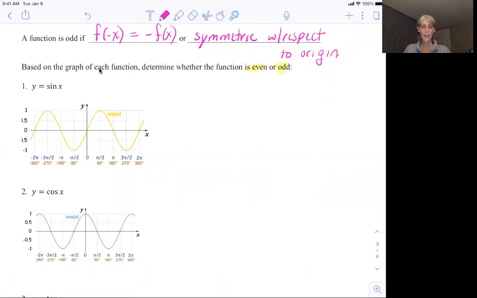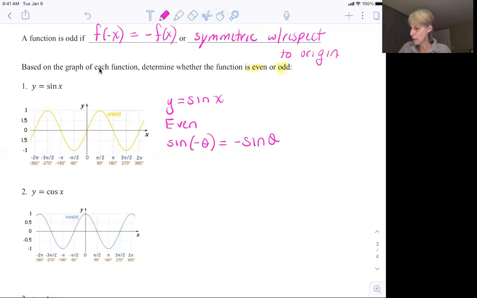Hopefully you see it's symmetric with respect to the origin, so we can say a sine function is an even function. In terms of what this lets us do mathematically, we could say that the sine of negative theta equals the negation of the sine of theta. Basically, that's what it lets us do, and that's the easiest way to remember it.